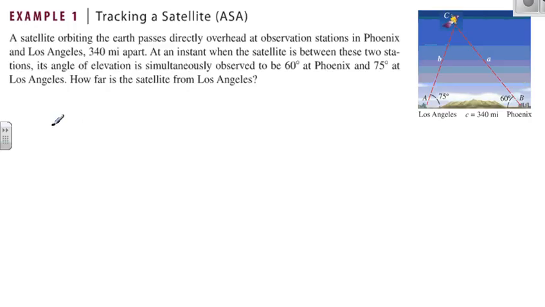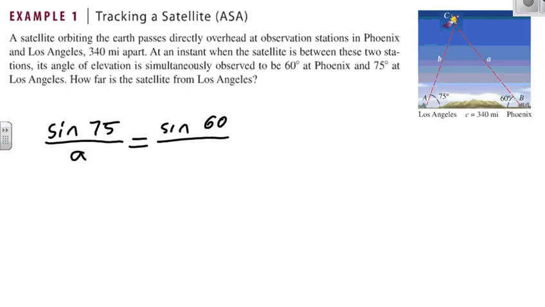So we can set up our proportion to be sine of 75 over A equals sine of 60 over B. If this is 75 and that's 60, that means the other angle would have to be 45 degrees. 45 plus 75 plus 60 is 180.